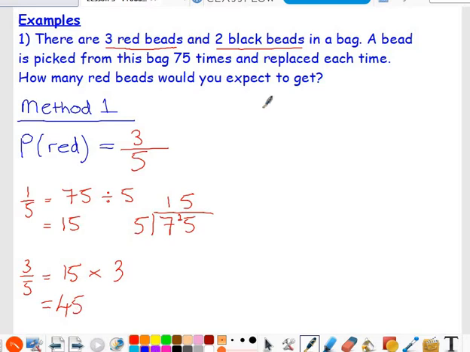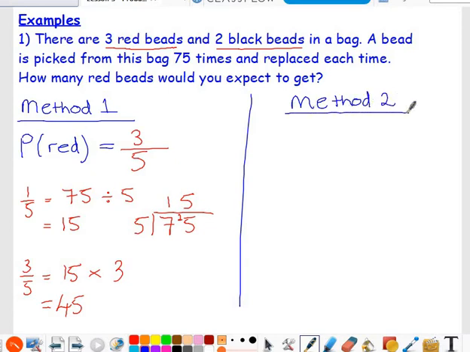Or, if you prefer method 2, this is our cross-cancelling method. So we still do exactly the same first of all. We work out the probability of red. So the probability of red is 3/5. There's 3 red balls out of 5 balls in the bag in total.